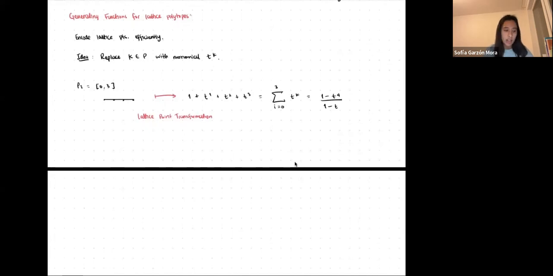And this will come in handy later because this is basically the main idea behind Ehrhart polynomials, h-star polynomials, all that kind of thing, if you've heard about it. So let's try and generalize this for cones.